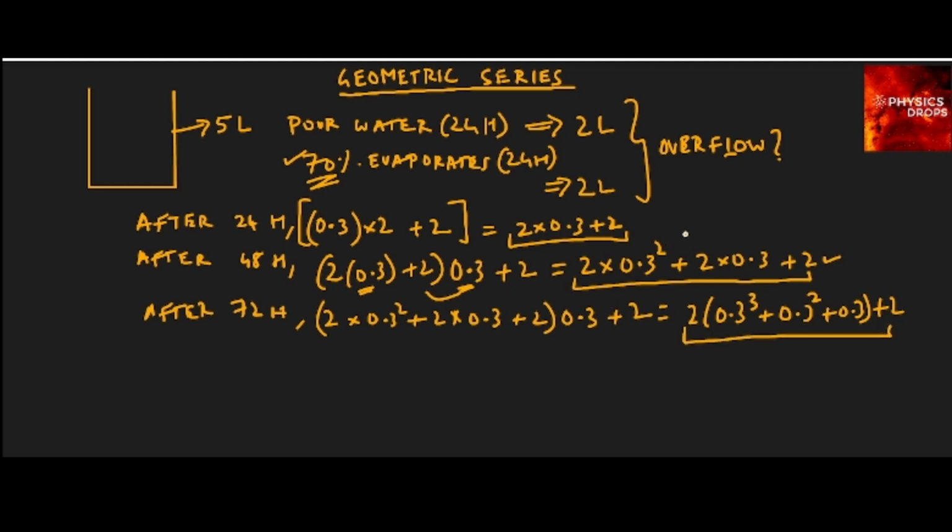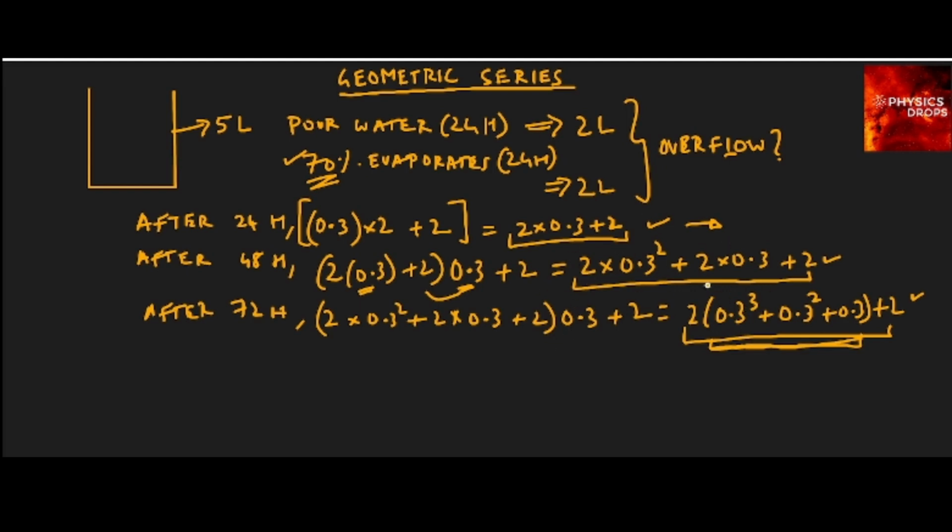Now if we look at these three underlined terms, we see a common pattern: 2 times 0.3 plus 2 here, 2 times 0.3 square plus 0.3 plus 2 here, and 2 times 0.3 cube plus square plus 0.3 plus 2 here. The only thing that is changing each day, or each 24 hours, is that another power of 0.3 gets added to these terms.